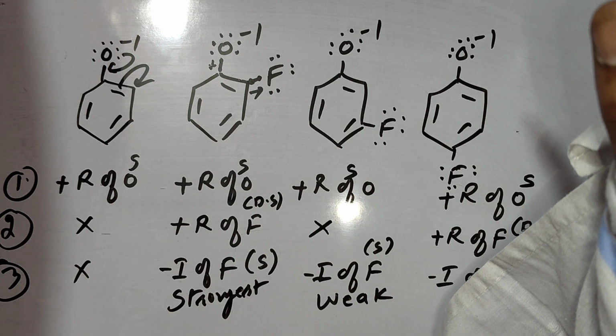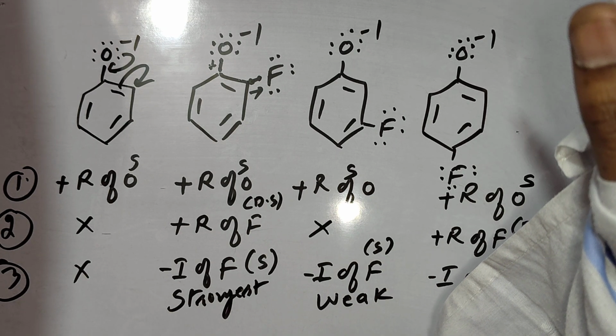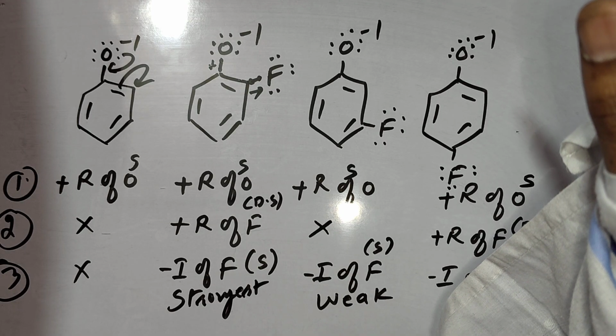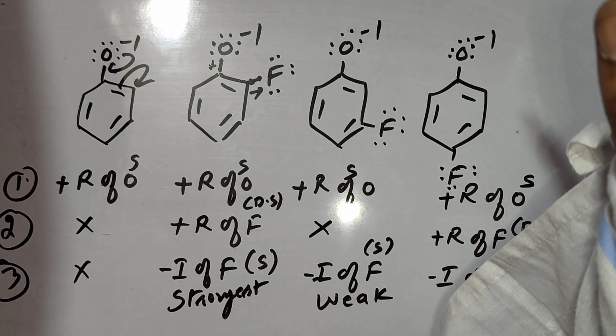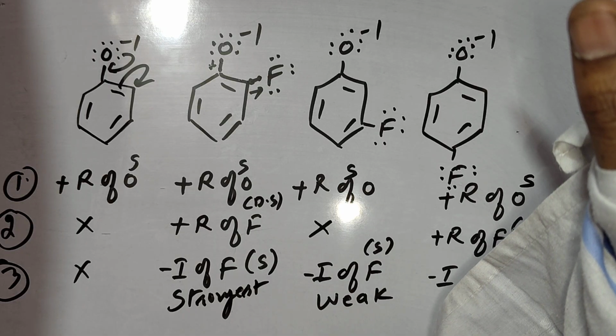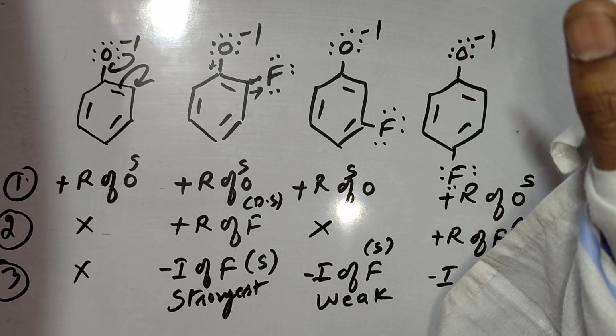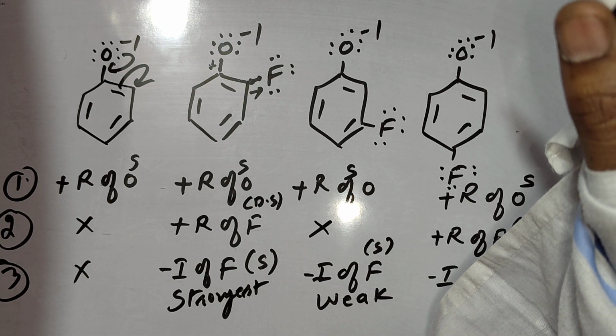But here the size of fluorine and carbon is almost same, because if you will check carbon, its outermost energy level will be 2, and fluorine outermost energy level will also be 2. So they can show plus R very well.